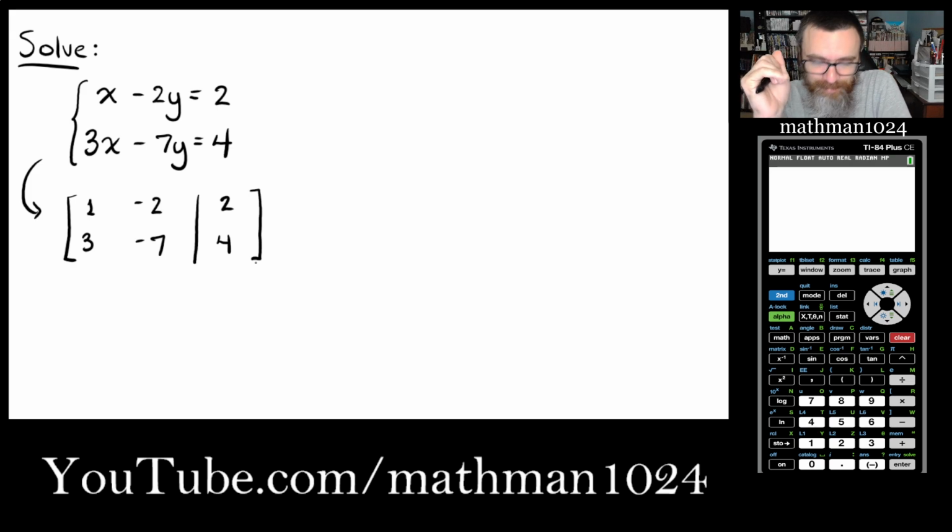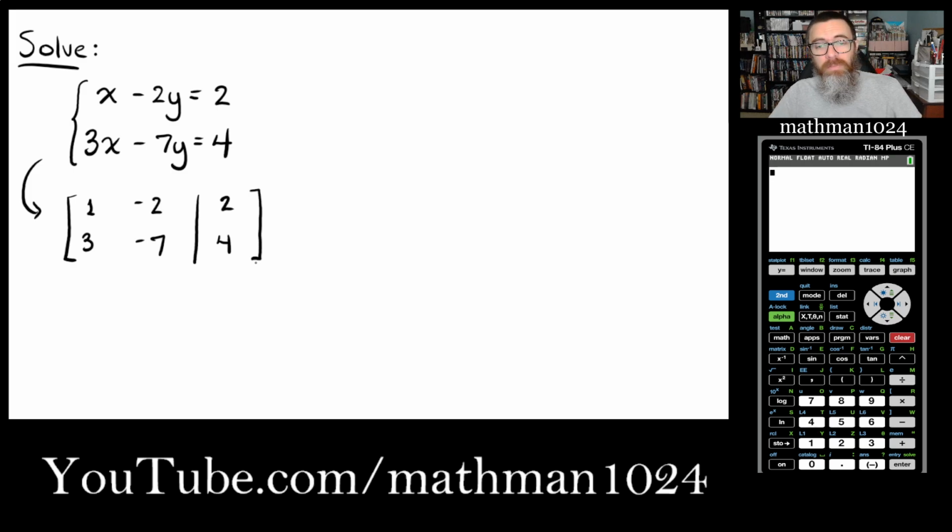So, remember the things we've talked about before when we were using the elimination method. We can rearrange the rows and nothing's going to change in terms of our answer. Just like if I were to rearrange those first two equations, it's still going to give me the same answer. I can multiply any row or divide any row by any non-zero constant, and it's still going to be equivalent.